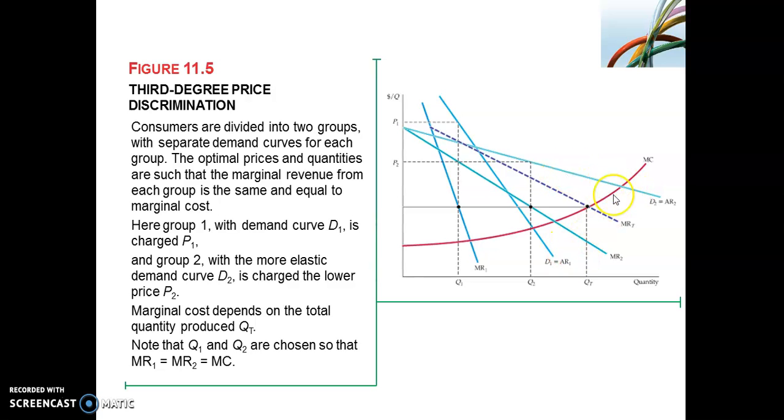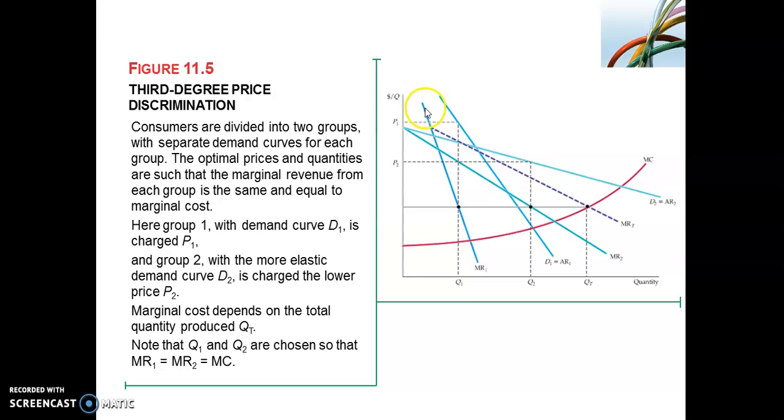Now, the optimal prices and quantities are such that the marginal revenue for each group is the same and equal to marginal cost. Remember the algebraic derivations. So let's quickly have a look.